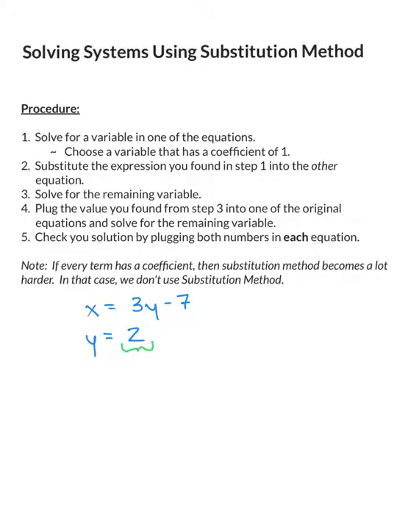So we get x equals 3 times 2 minus 7, and we would continue solving. We would go ahead and multiply. 3 times 2 is 6, minus 7, and we would get x equals -1.